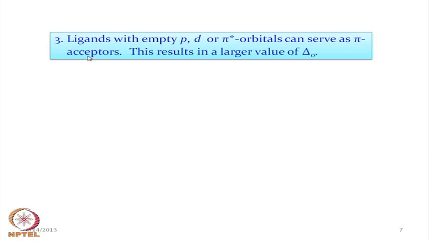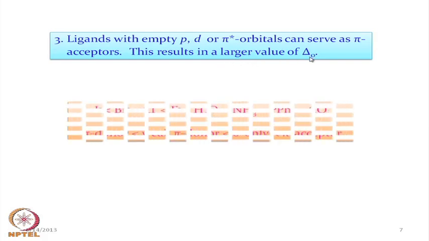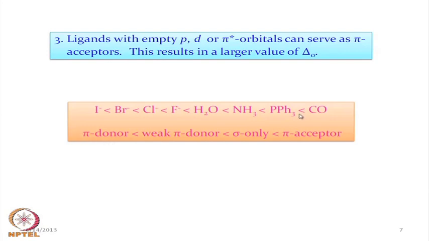Then we have the other category, ligands with empty orbitals. In terms of the molecular orbital picture, these are the pi star orbitals, or empty p or d orbitals, with no electrons in the molecular orbital of pi type. They serve as good pi acceptors, as we have just seen, and will increase the value of delta octahedral. So, we have this series.